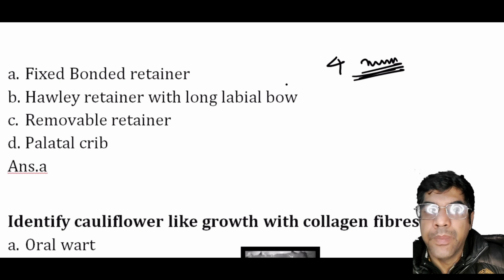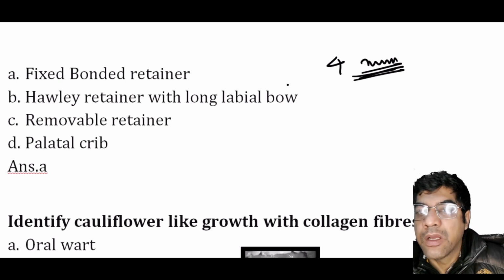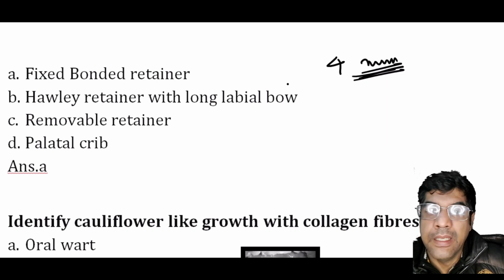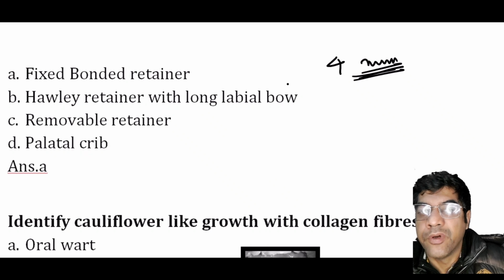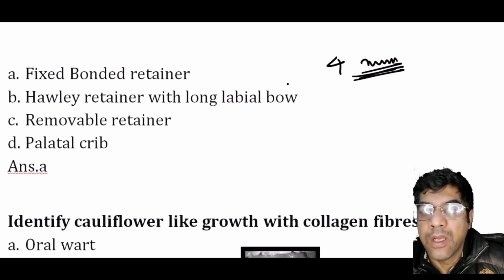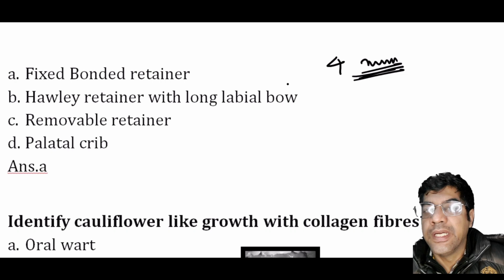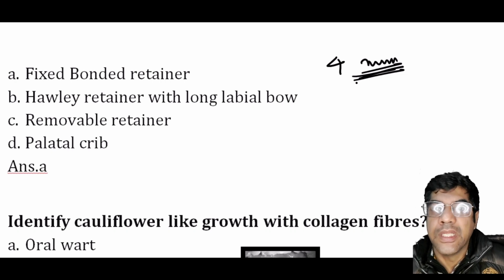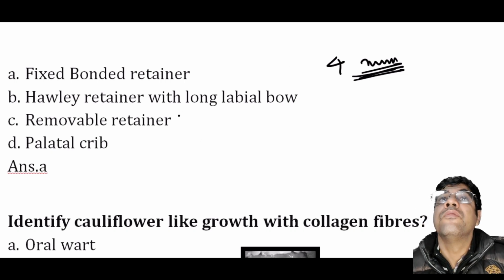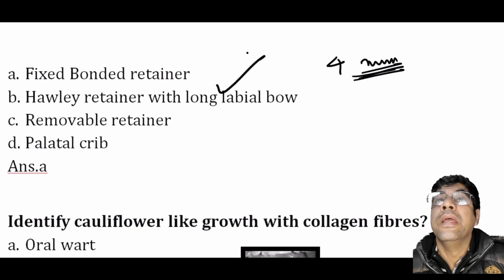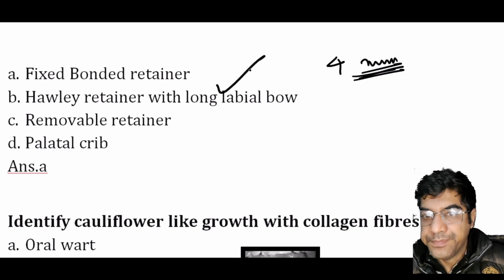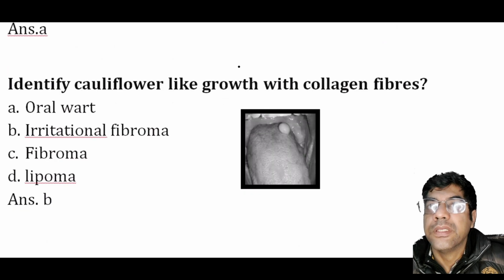The palatal crib is not typically the primary choice for managing diastema closure. It is more commonly associated with managing tongue thrusting habit. So your answer would be A, that is the fixed bonded retainers.